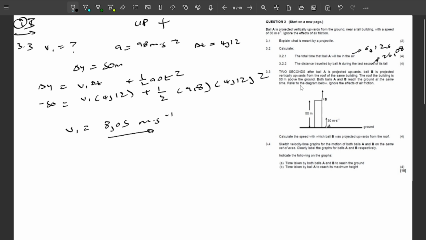Then this is the speed at which this ball was projected, right? 8.05 meters per second. Perfect. Good. Now let's start to look into 3.4.